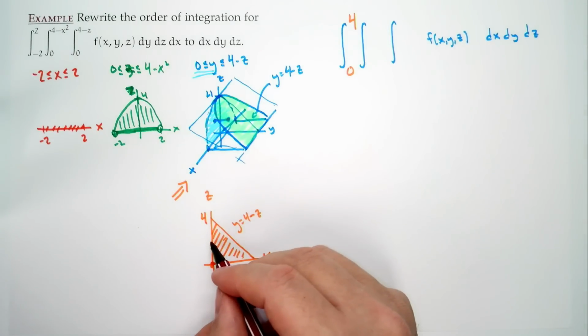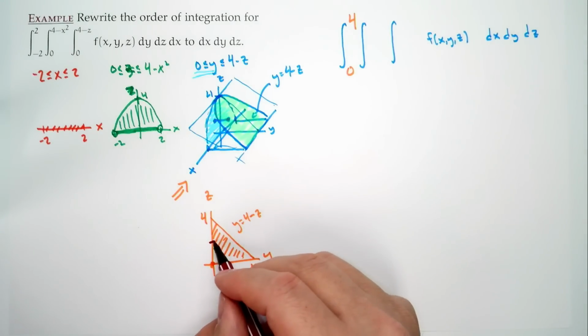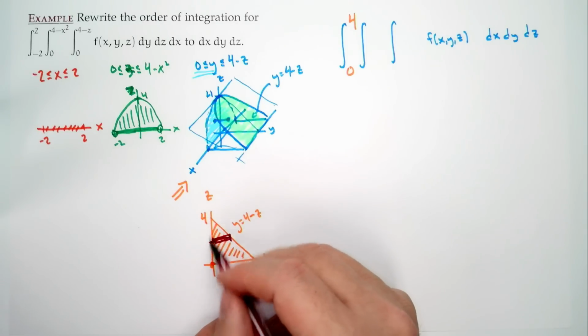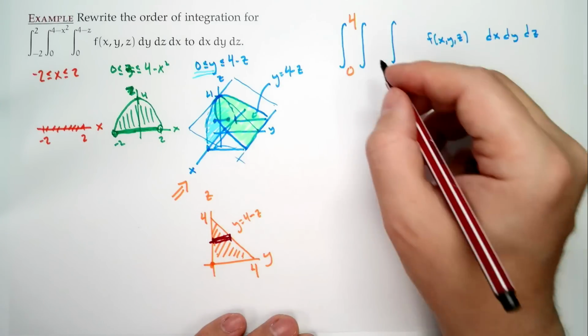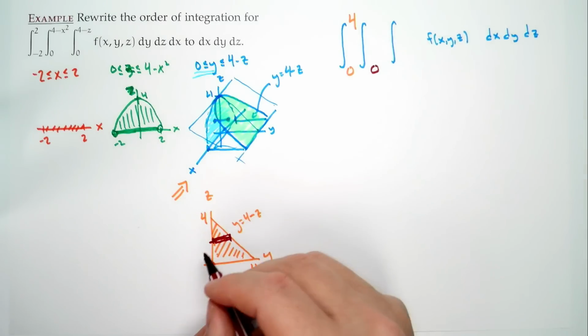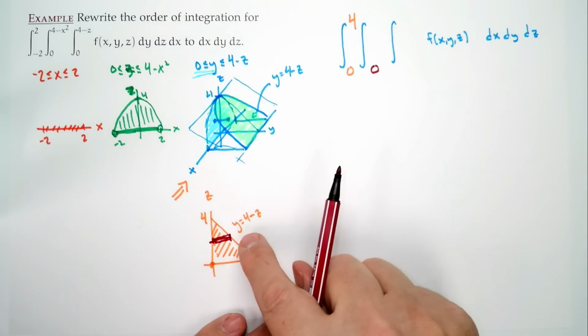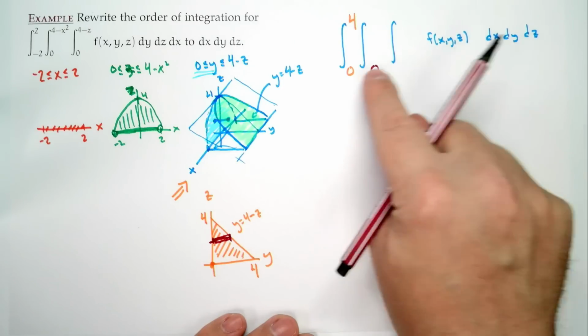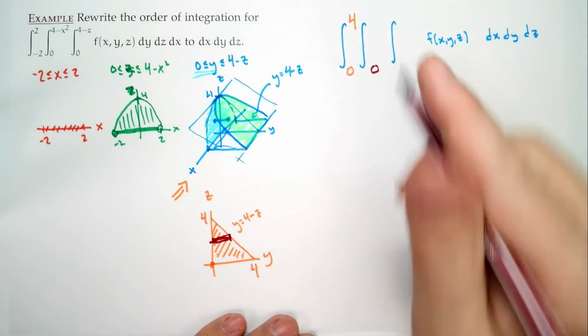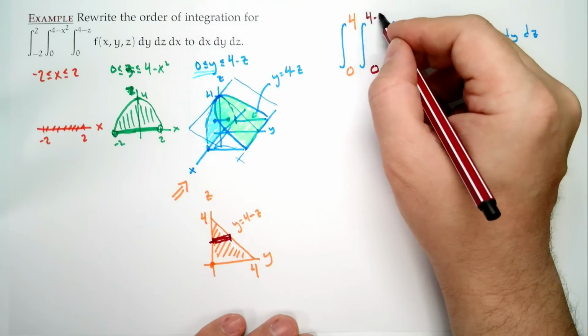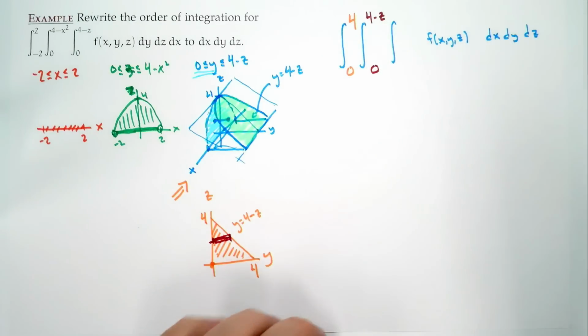So what I'm thinking is I've hit a z value, and I'm looking, where does y go between? Okay? So I'm going to go from this line, well, that is 0, out to this line. Now, what do I need? Well, I need to have it of the form y equals, because these are y bounds. Oh, it's already in the form y equals. That's very nice. So 4 minus z.